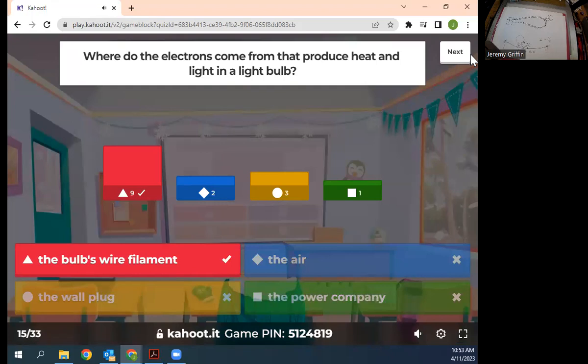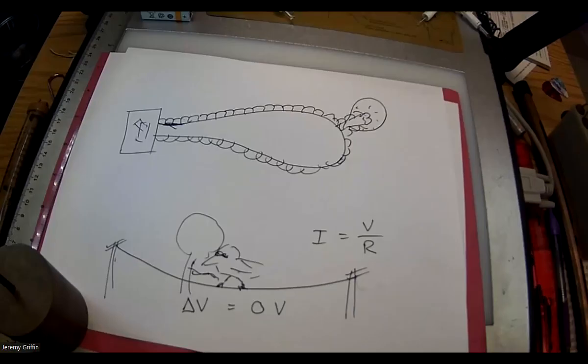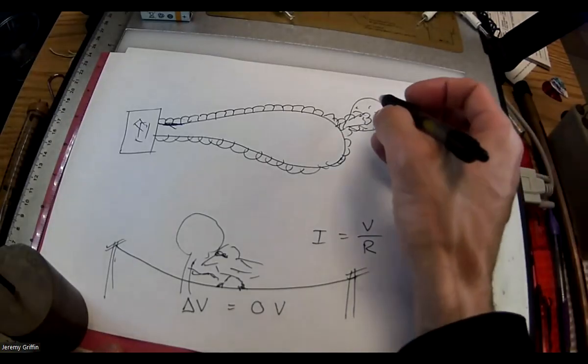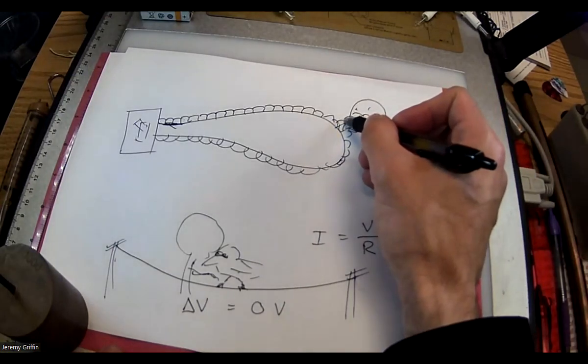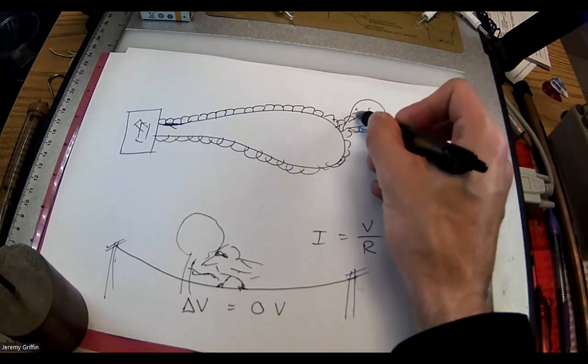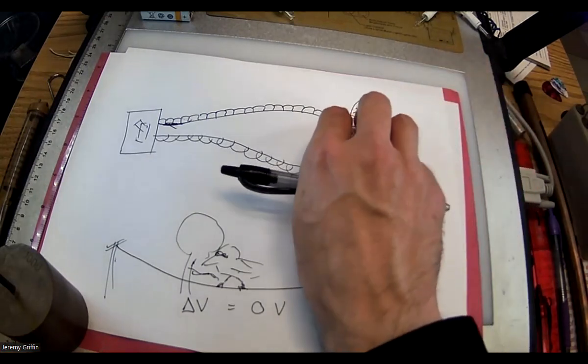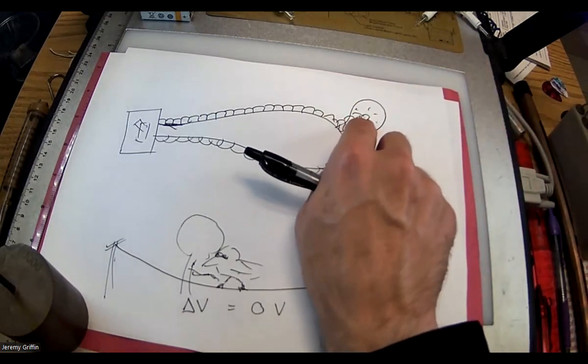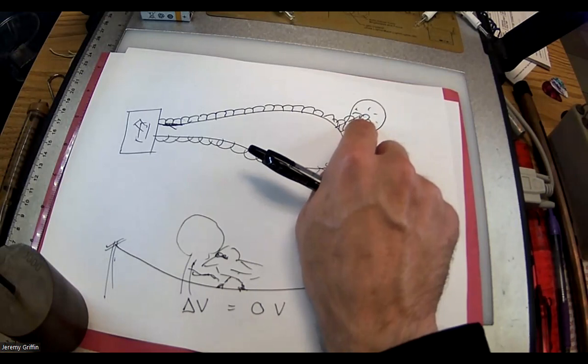Okay, so flip back over here and let's guess why. Actually, the question before this will help answer that question. If the motion of these electrons individually is like 0.1 millimeters per second, that's kind of a middle number, right? And this filament itself is probably about a centimeter or two long, right?